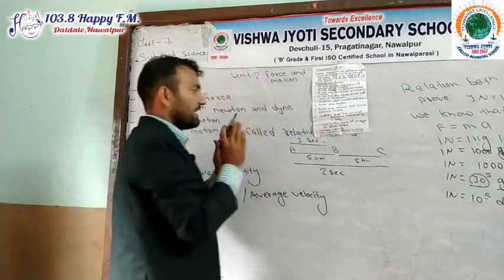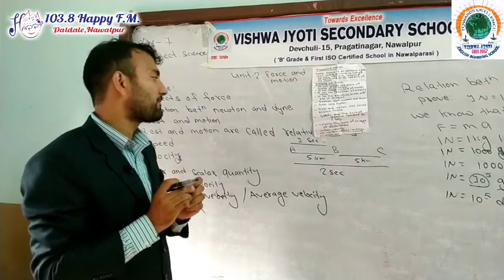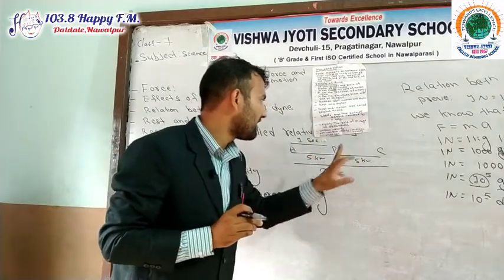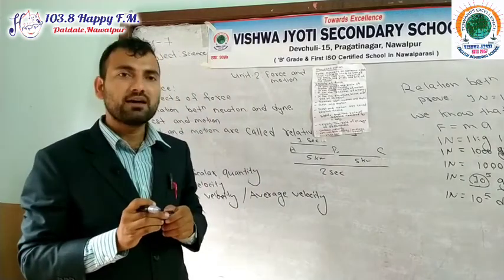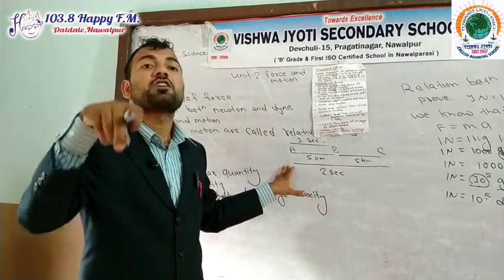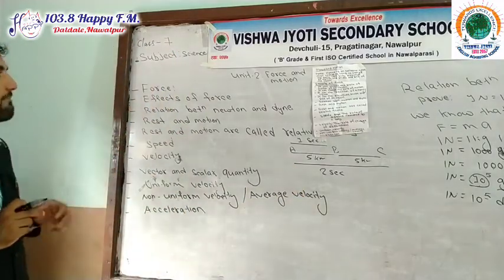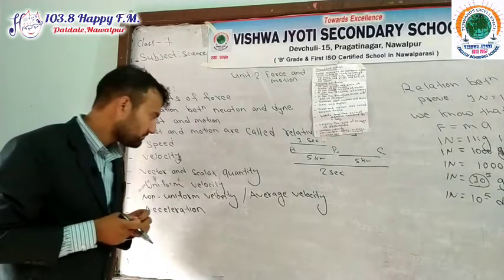That means equal distance in equal interval of time. A to B is 5 kilometers in 1 second, and B to C is 5 kilometers in an equal interval of time. When a body covers equal distances in equal intervals of time, it is known as uniform velocity.